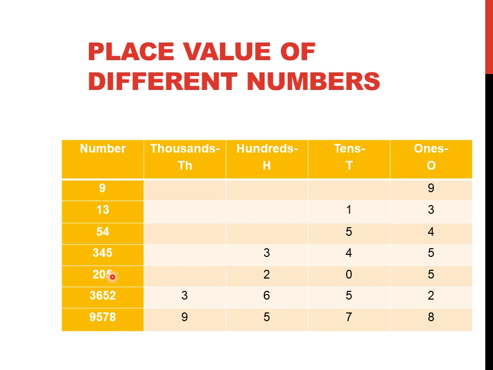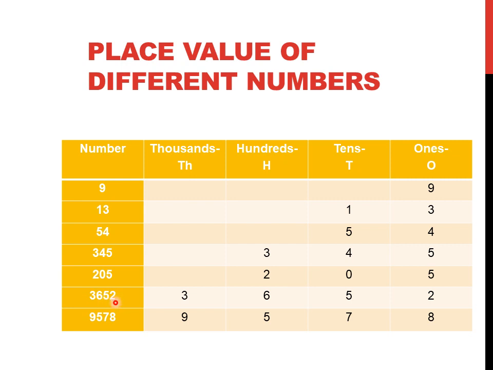205. So this is same like 345. 5 ones, 0 tens, 2 hundreds. So here we have a 4 digit number, children, that is 3652.